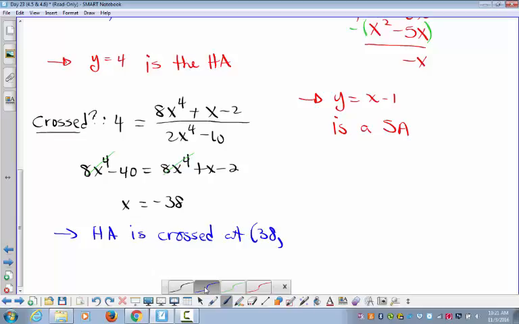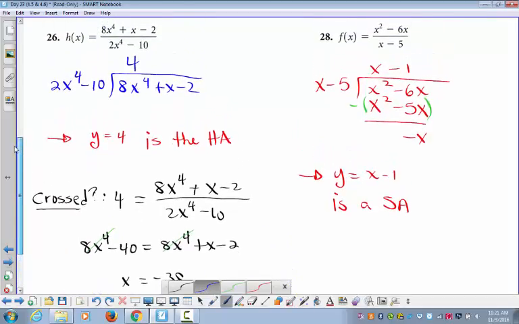So we know the y value is 4. So there's not much to plug in there. That's the smartest place to look. You could absolutely plug it back into here also, and you would end up with 4, but that would be a heck of a lot more work, right? Did you have your negative on the 38? Oh, thank you. Yeah, negative 38, comma 4. Thanks. All right, so that's a crossing point.